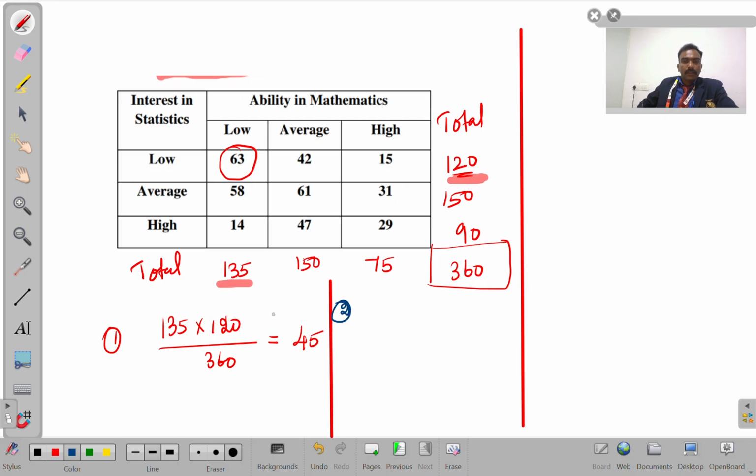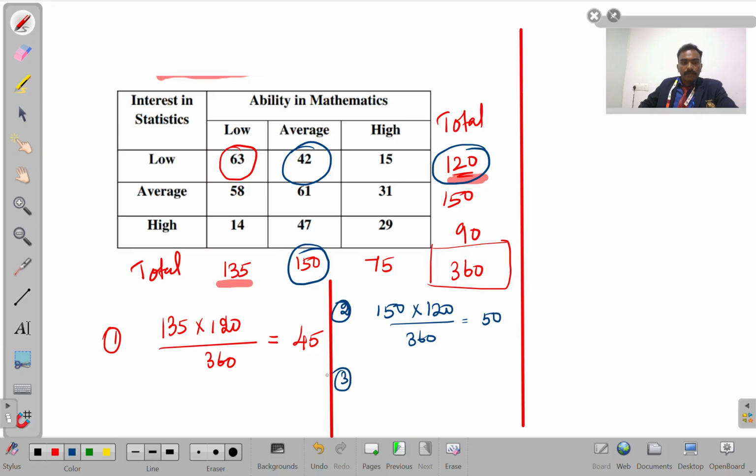Second one, suppose you want to find the expected frequency for the second value, 42. Here the corresponding row total is 120 and the column total is 150. So the second one is 150 into 120 divided by 360. The value is 50.